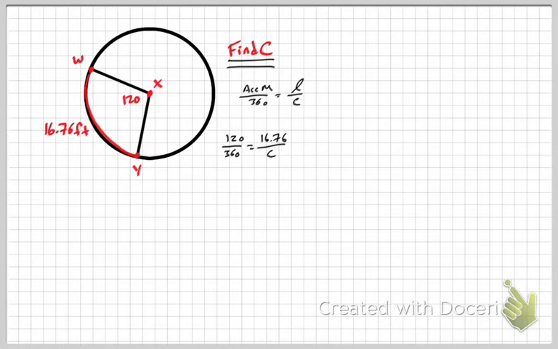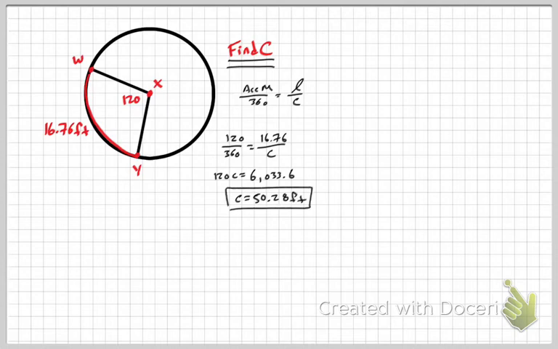Cross multiply, I get 120c equals 360 times 16.76. That gets me 6,033.6. And then just go ahead and divide that by 120. I get circumference equals 50.28 feet.